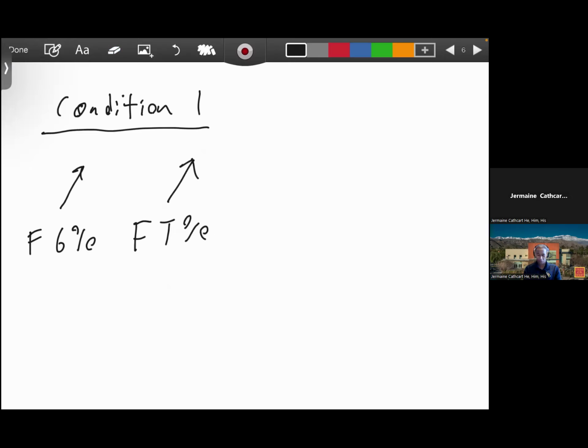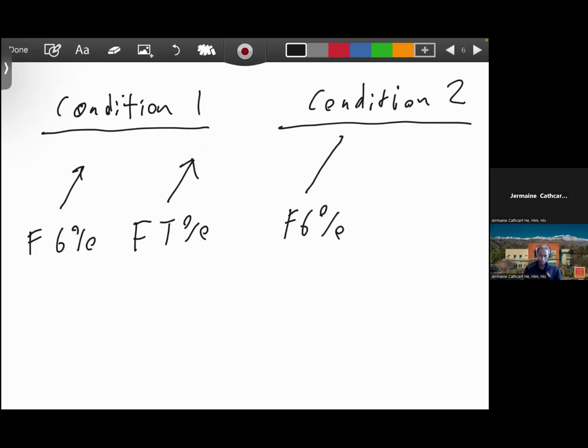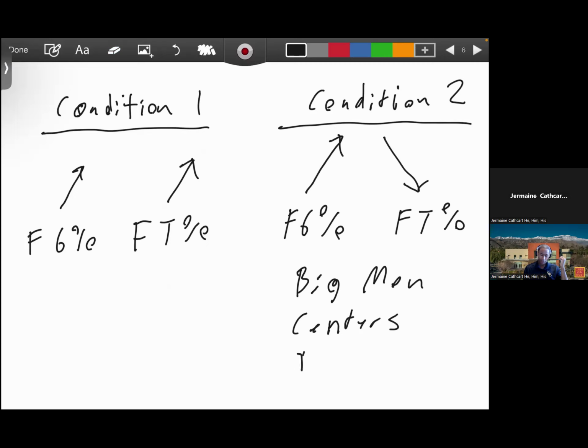But there is one group of players where this relationship does not hold, where field goal percentage is not tied to free throw percentage. And that condition or that group is actually big men or centers, power forwards.